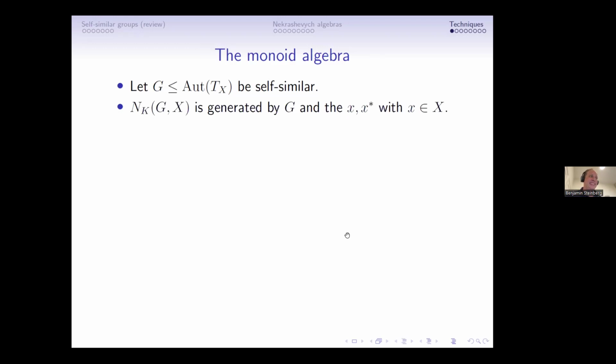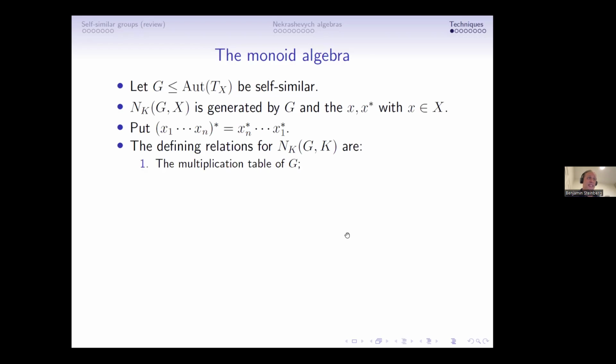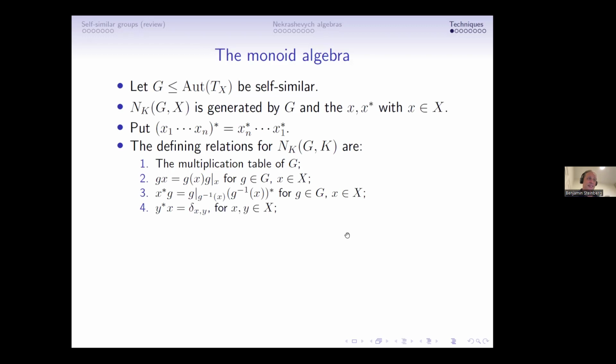So suppose I have a self-similar group in Tx, then the Nekrashevych algebra is generated by the group G and these elements X, X star. And I'm going to now make things into a star algebra by inverting starring words. And then you can write the defining relations as the multiplication for G. You have this funny thing that tells you how sections act. You have the star version of that. And you have this sort of cone kind of rule.